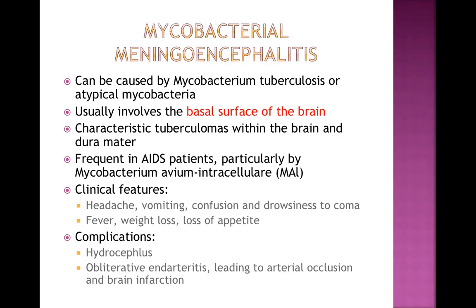This is also a communicating type of hydrocephalus, and it can also lead to brain infarction, okay, as a result of obliterative endarteritis. Means some areas of the brain would be ischemic because of the involvement of the blood vessels.